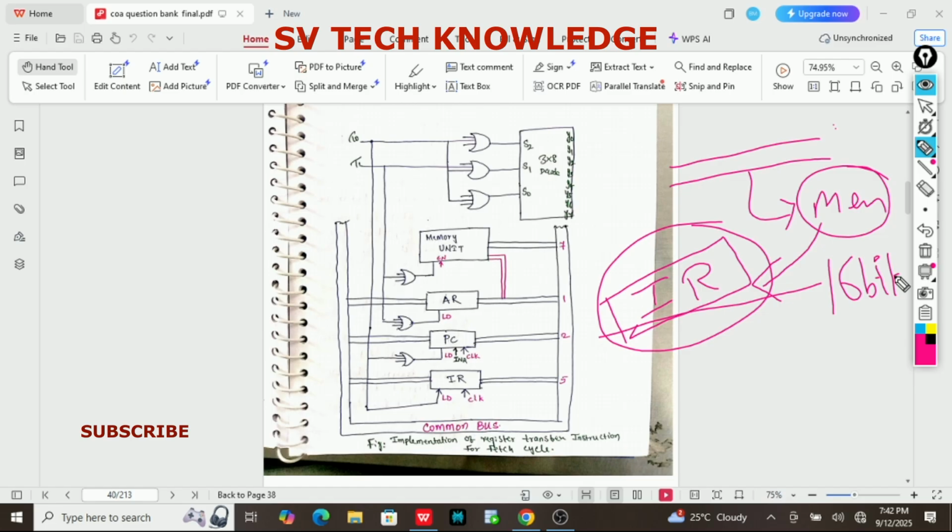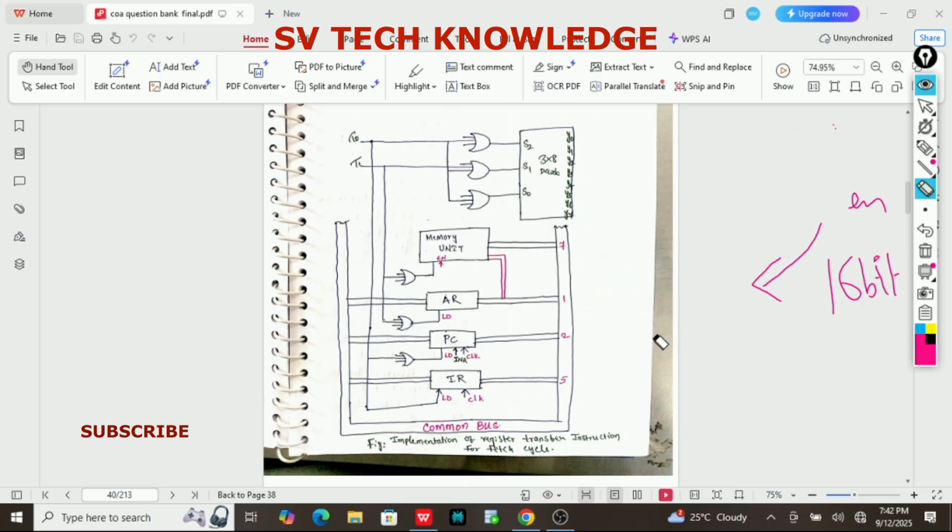The fetch cycle takes that from the memory and loads it into the instruction register. It's very clear. Whenever I store the data in IR, it indicates that we have to execute it currently.